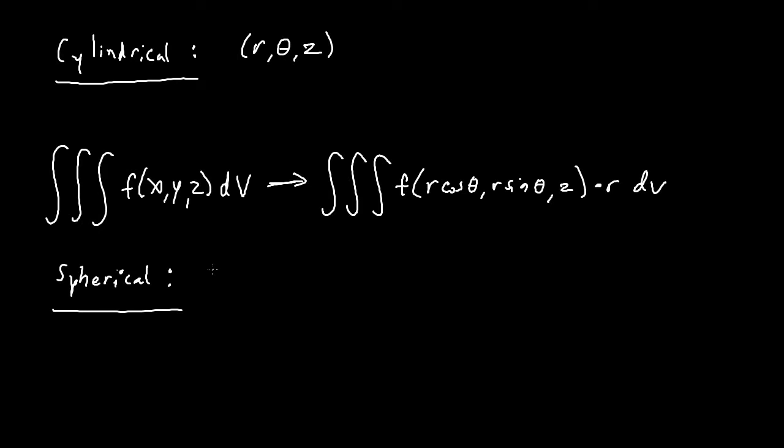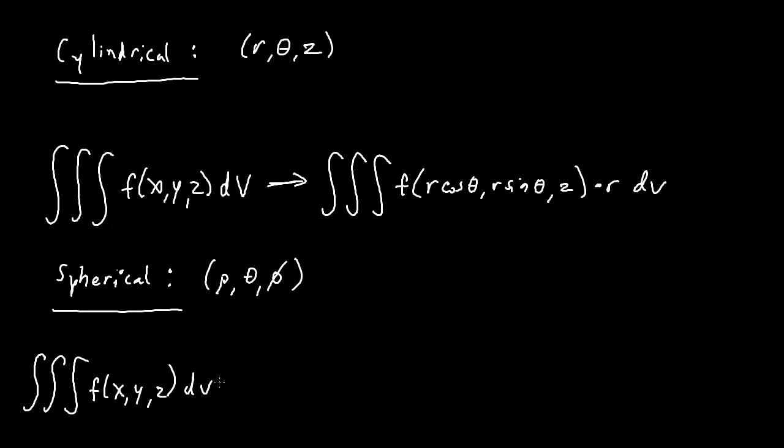Now spherical coordinates are going to be in the form rho, theta, phi. And so if we have the triple integral once again of a multivariable function that's in rectangular coordinates, and we want to convert it this time into spherical coordinates, inside the triple integral, well, this one's going to be a long one.